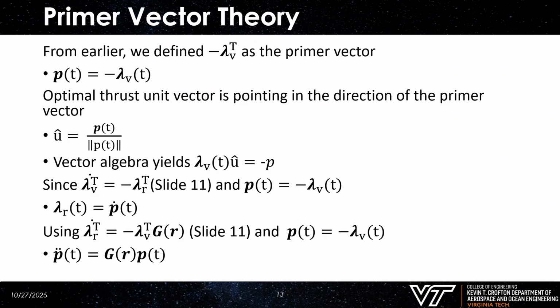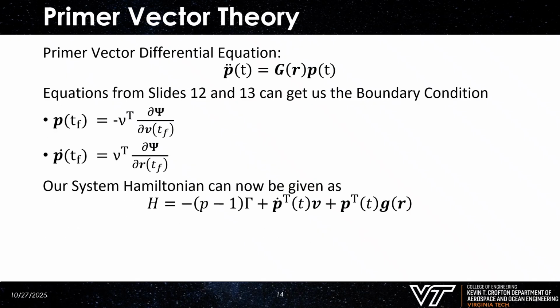Using the relationships we made in the previous slide, as well as our definition for the primer vector, we can note that the time derivative of our primer vector is simply the adjoint vector for your position terms, and the second time derivative of your primer vector is equal to your gravitational gradient matrix times your primer vector. So the final equation on the previous slide is our primer vector differential equation that we can solve to find our time history of the primer vector.